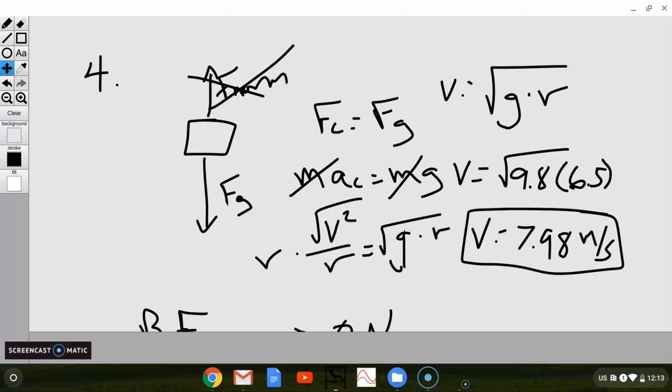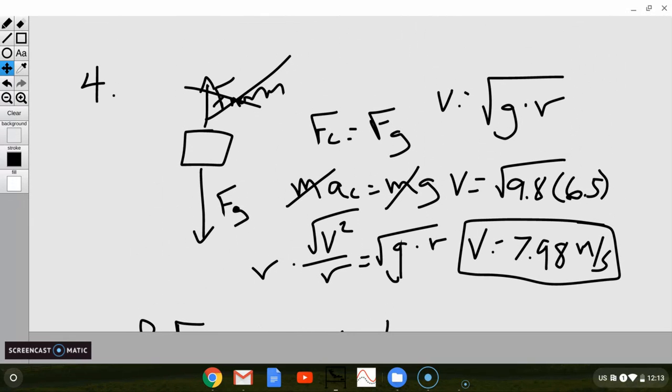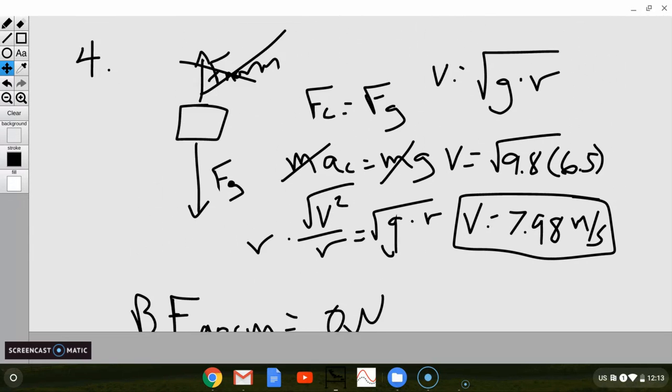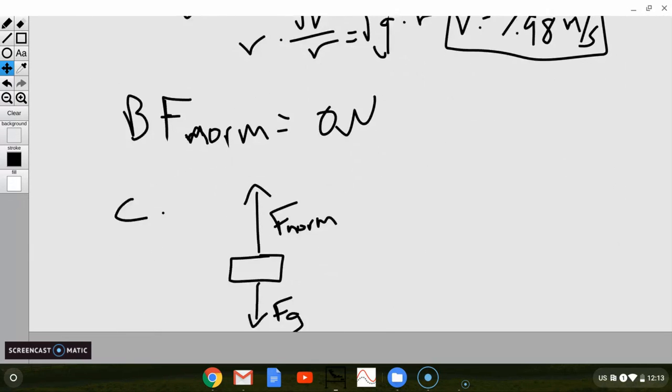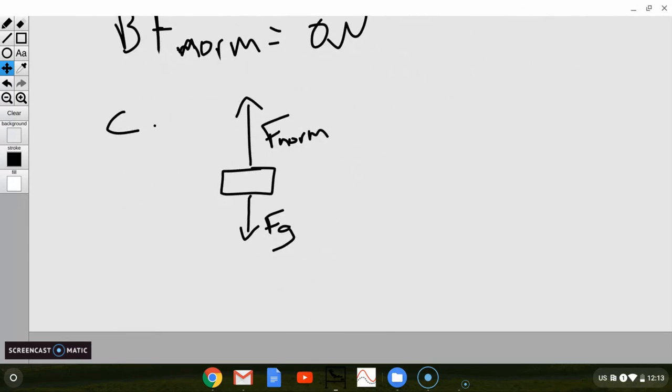Okay. All I know is that the centripetal force is equal to the force of gravity. So I know that Fc is equal to the magnitude of the force of gravity, and it's got to be positive, so it's a positive force of gravity. We also know that it's equal to the force of gravity plus the normal force.